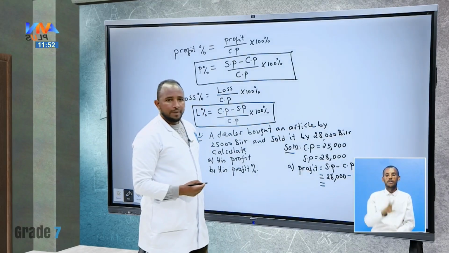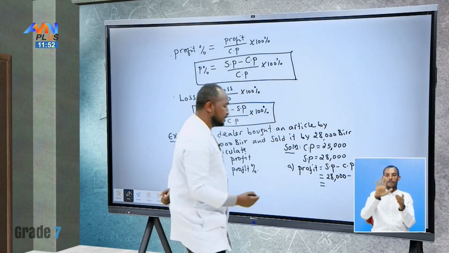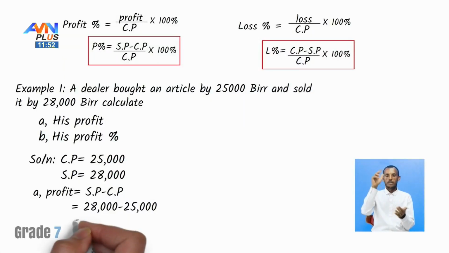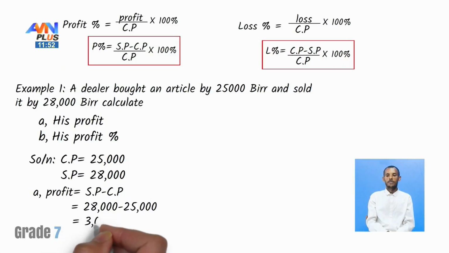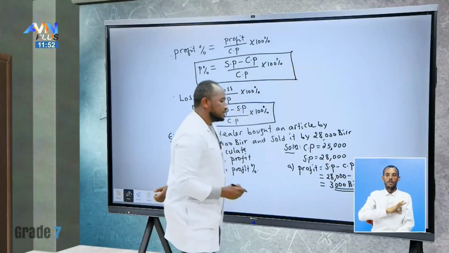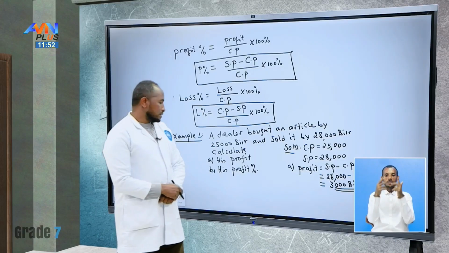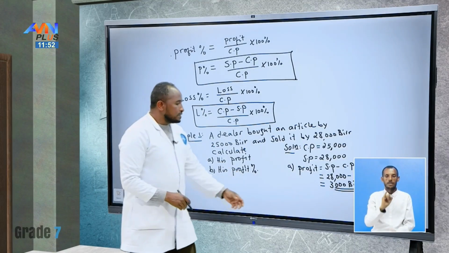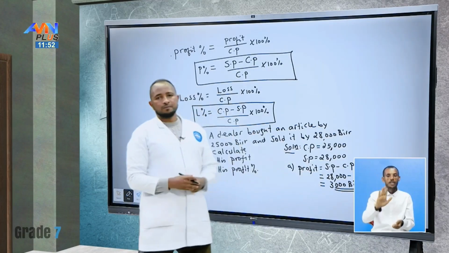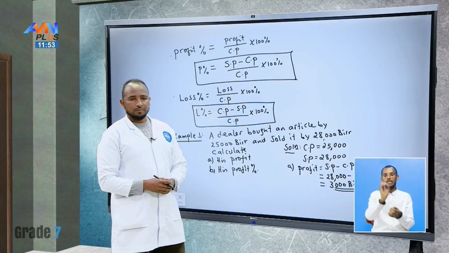Simply 28 minus 25 is 3. Therefore, the profit is 3,000 birr.